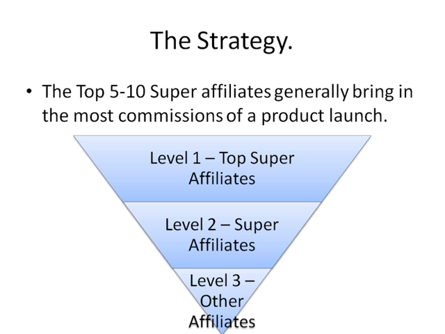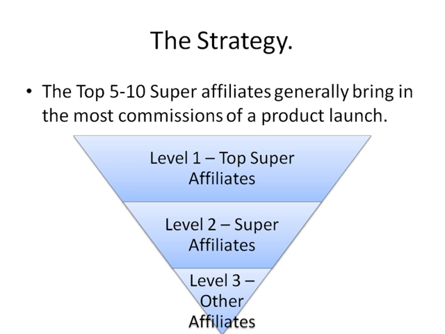So here's the strategy. Did you know that the top 5 to 10 super affiliates generally bring in the most commissions of your product launch? As you can see in the upside down pyramid, level 1 is the top super affiliates, and level 2 are the super affiliates.